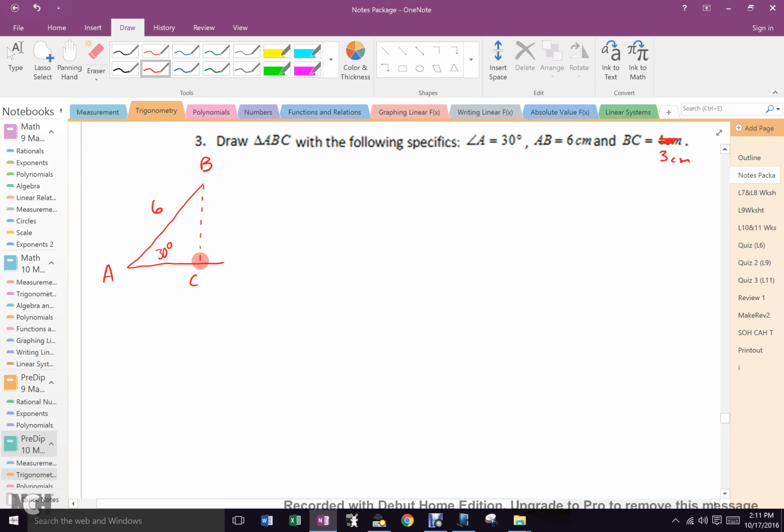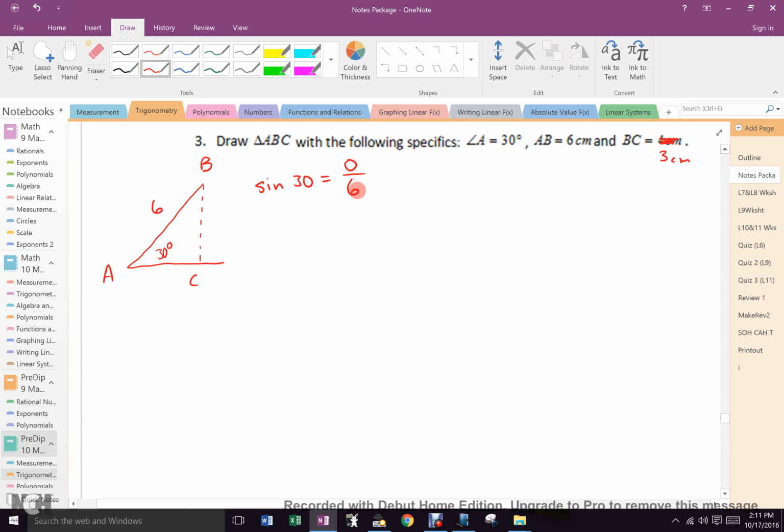What math might you be able to do with this situation? Sine, right? Because I have a hypotenuse and an opposite. Everybody cool? All right, now what would it look like? It would be sine 30 would equal opposite O over 6.